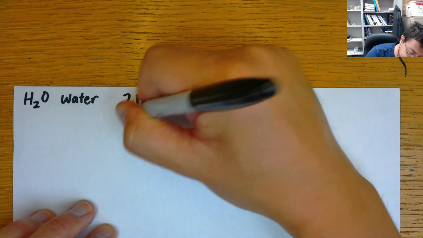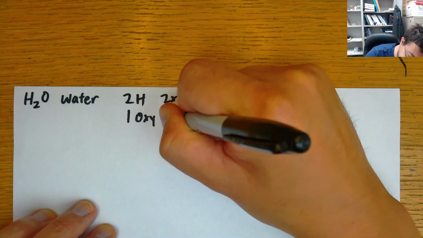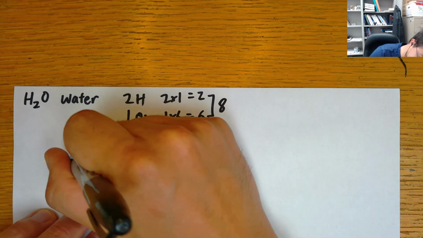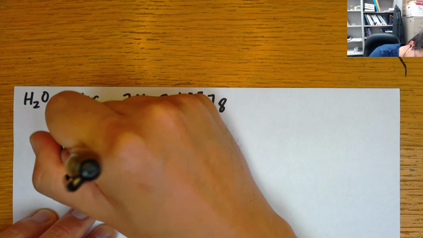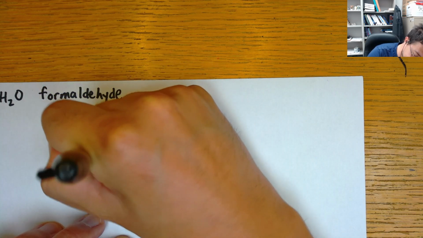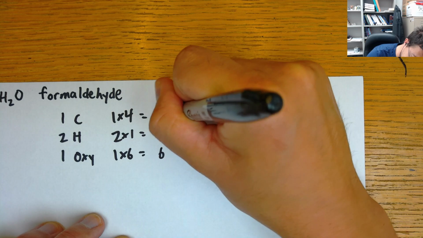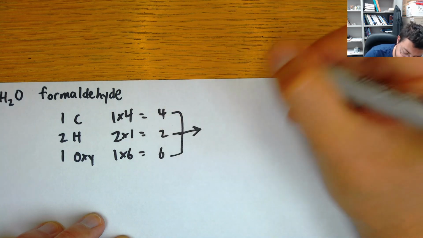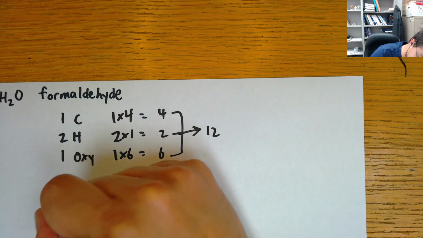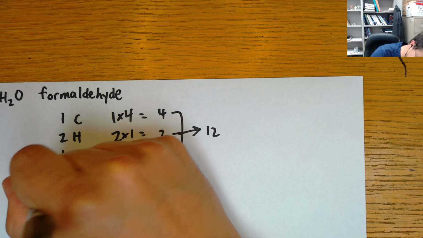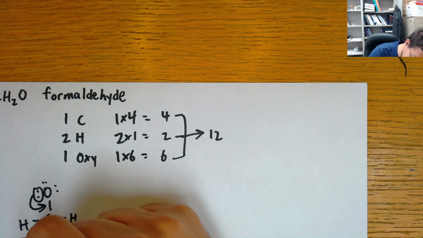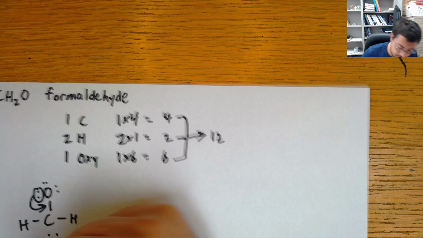Water. Done. CH2O, formaldehyde. Plus 2 plus 6, that's 12. Done. Sulfur dioxide.